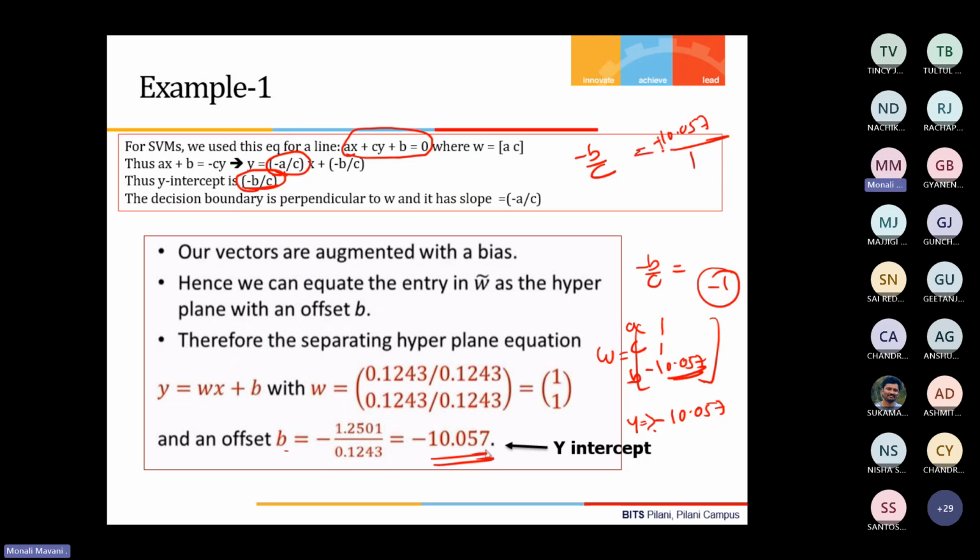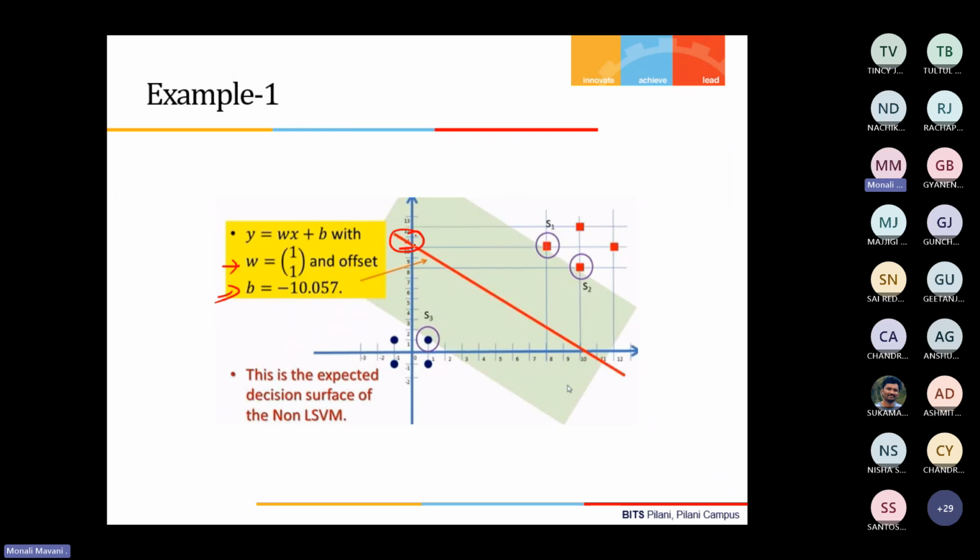Minus minus is plus. So you can say the y-intercept is here, intersecting the y-axis somewhere at 10.057, and the slope of this line is minus A by C, which is minus 1. We got the exact decision boundary which separates this blue and red set of points.